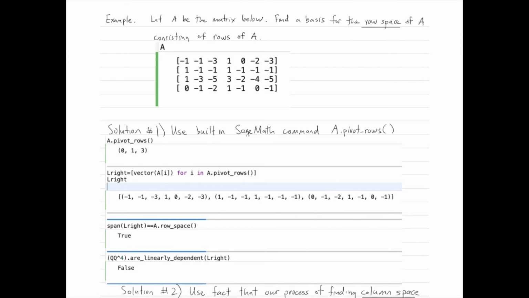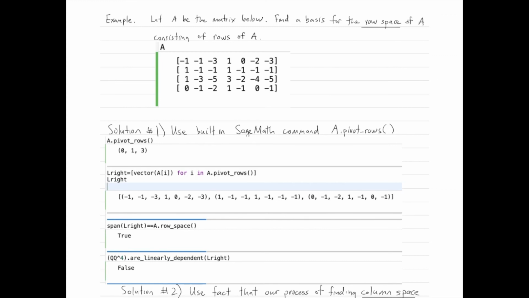So 0, 1, and 3. That's what i is going to be. And so when I make that list, I get back row 0, that's this, row 1, that's this, and row 3, which is this. I'm omitting row 2. Why? Well, that's what Sage is telling me to omit.